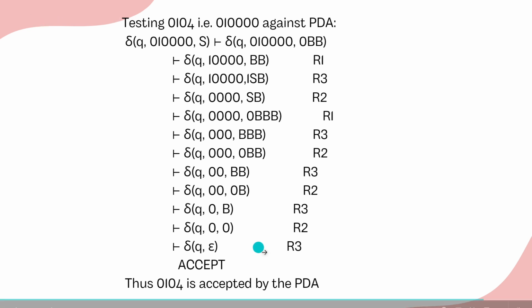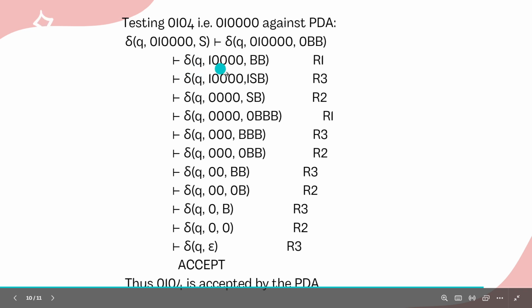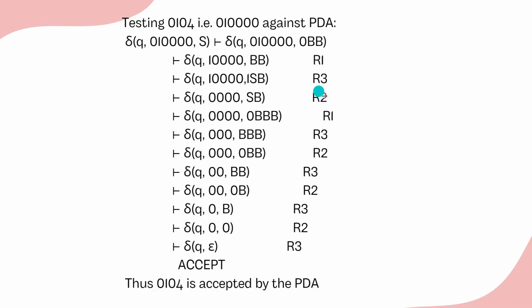By rule number 1 we have delta(q, 10000, BB). By rule number 3 we have delta(q, 10000, 1SB). Then by rule number 2 we have delta(q, 0000, SB). Then by rule number 1 we have delta(q, 0000, 0BBB), and by rule R3 we have delta(q, 000, 3B).